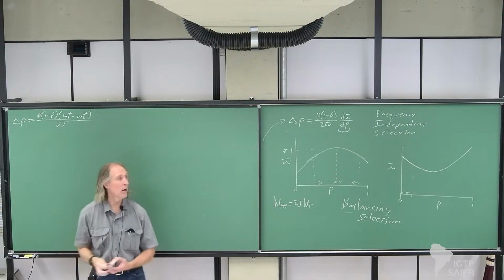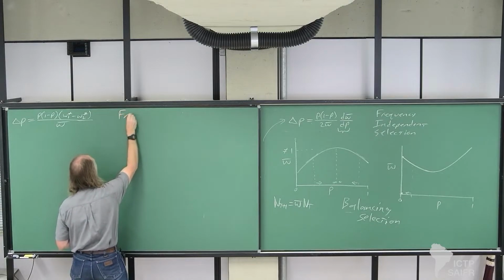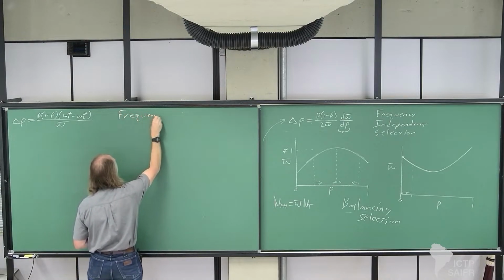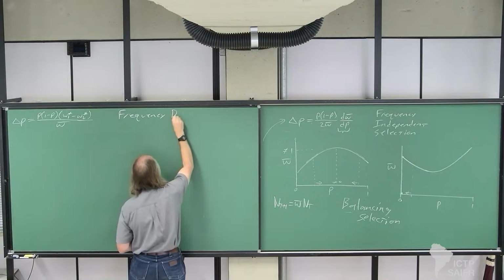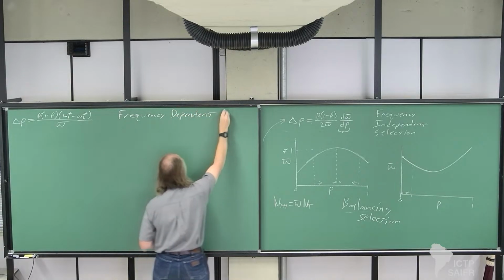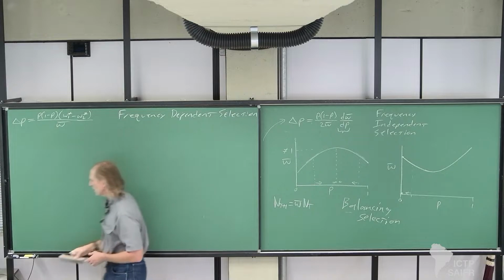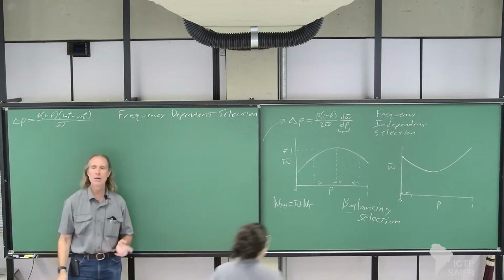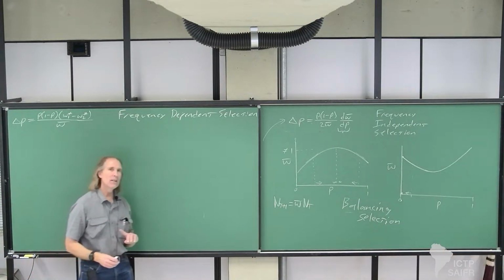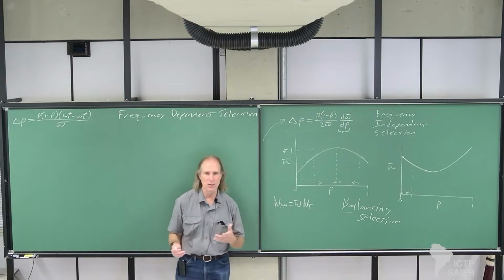So this should apply to the case of frequency dependent selection as well. Like I said, in the case of frequency-dependent selection, your fitness is a function of the frequency of different strategies in the population.